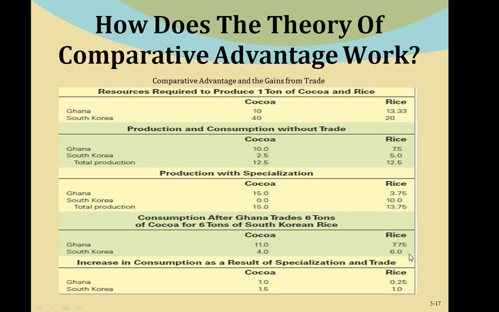While if they do trading, if they have made the combination 15 and 3.75, Ghana finally can have 7.75 rice. Because they trade 4, they produce this 3.75, they trade 4, this means 7.75. Well, if they produce 20, after trading here they're not going to have 7.75, they're going to have only 4. So they still lose. That's why they have to find the right combination. That explains why it must fit 15 and 3.75.